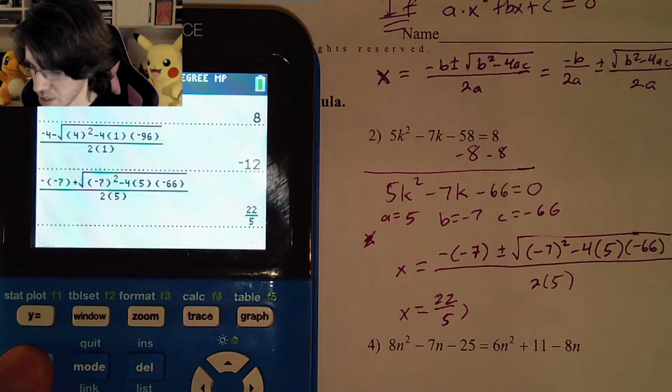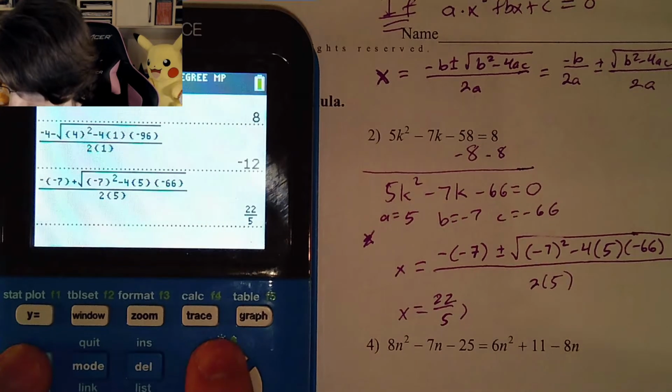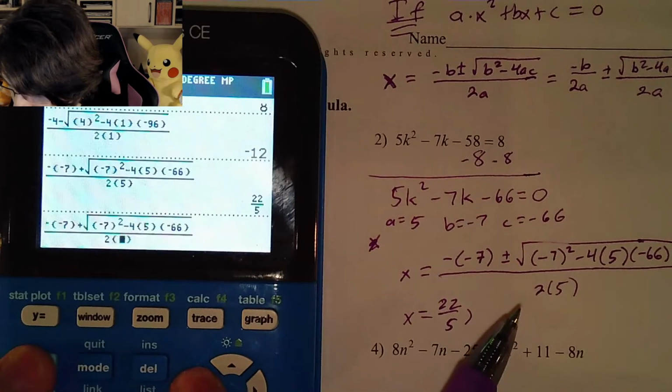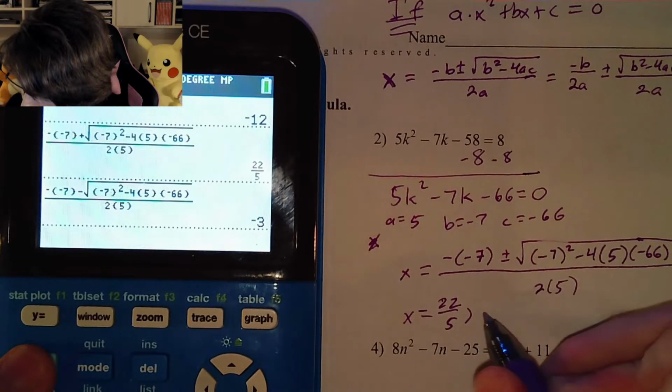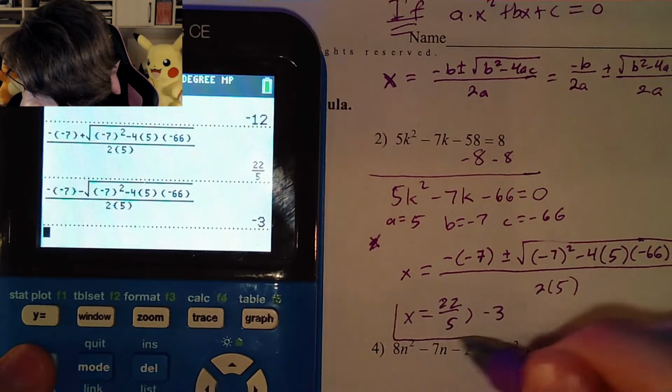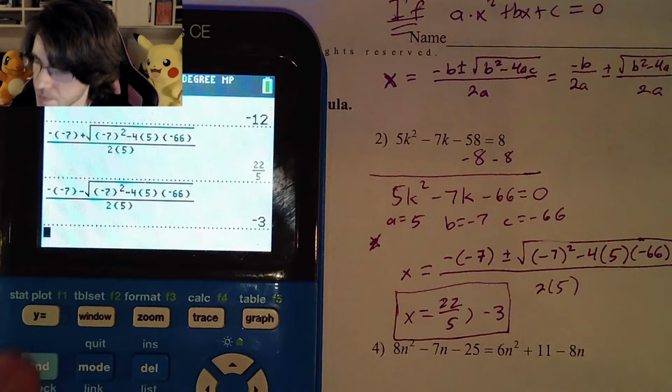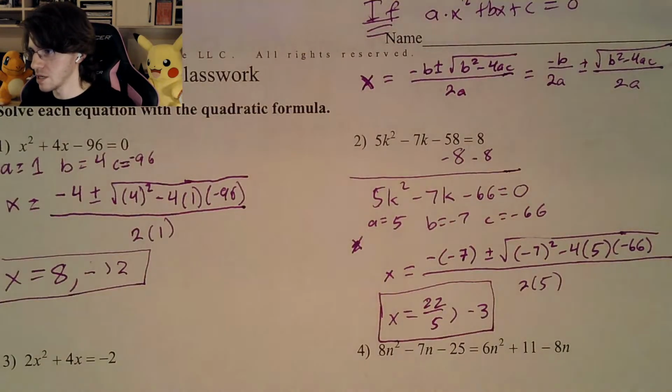If you decide to do it in decimal version, that's going to be 4.4. And if you have the other version, this one does not have any decimals whatsoever. We instead get negative 3. Easy enough. Plugged it right in.